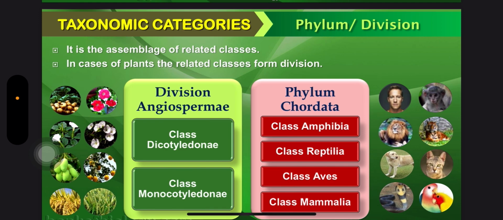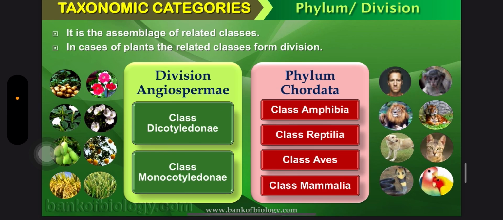Division Angiospermae includes the classes Dicotyledonae and Monocotyledonae. Amphibia, reptiles, aves and mammals all come under the phylum Chordata.